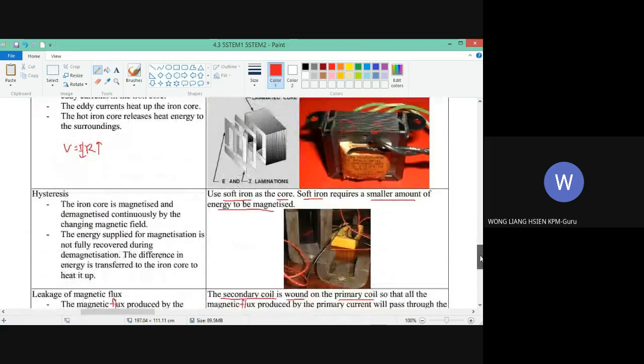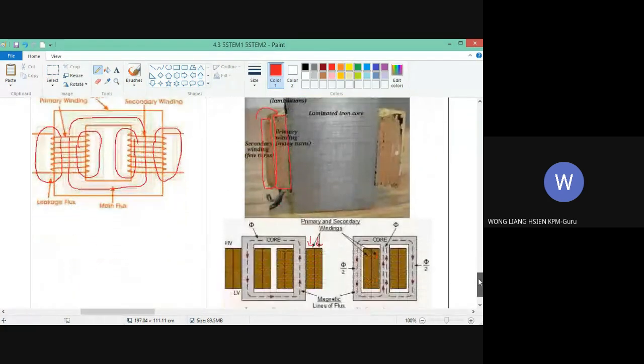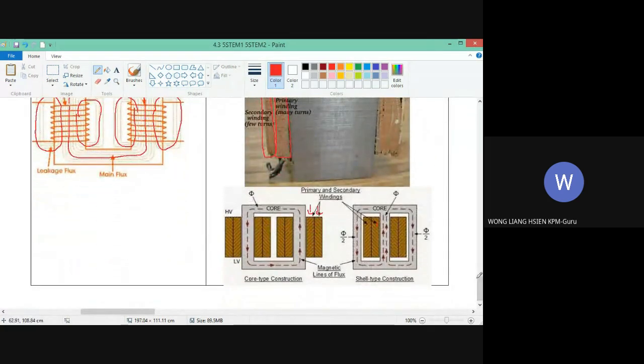You cannot say that you totally eliminate the effect of hysteresis. Remember, if you say avoid or prevent, it will be wrong, and that means minus mark, no mark. You have to say reduce.